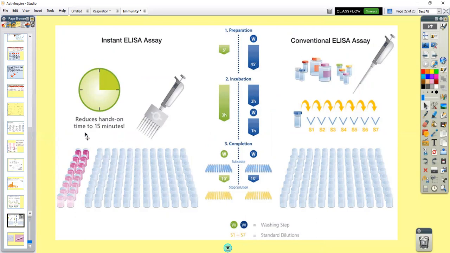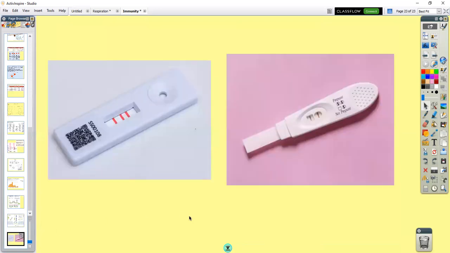Okay, and it's much more rapid than the conventional way of working out if somebody has had a disease or not. Okay, obviously this is quite common for us at the moment with our lateral flow tests and things, and also pregnancy tests as well, which give you that early indicator of infection or pregnancy.